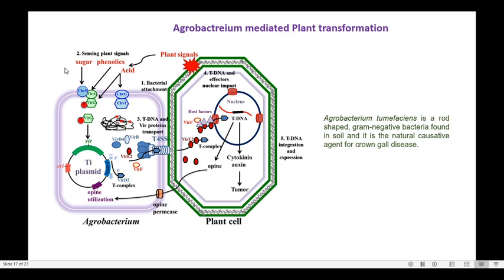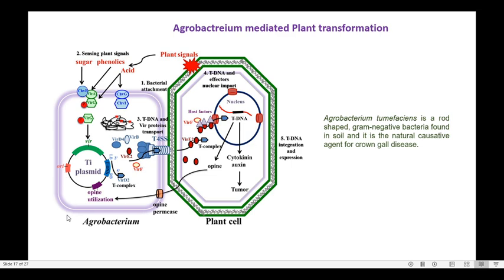Normally this Agrobacterium will infect a plant which has a wound. The wound in the plant will produce signals like sugar molecules, phenolics, and amino acids. Some phenolics called acetosyringone and hydroxyacetosyringone will activate the Vir genes in the Agrobacterium.